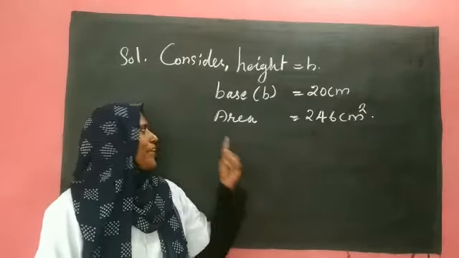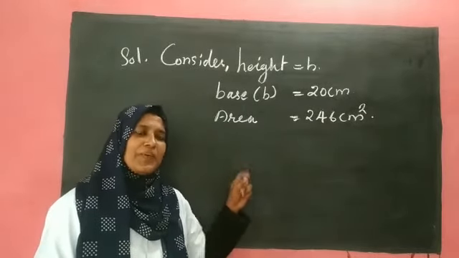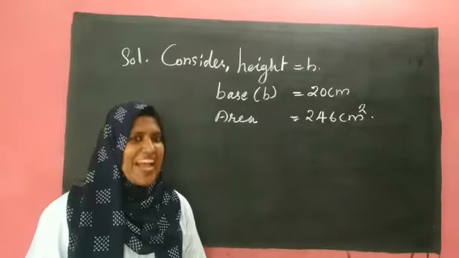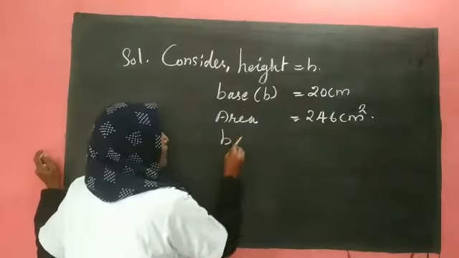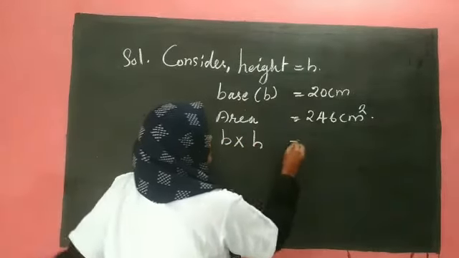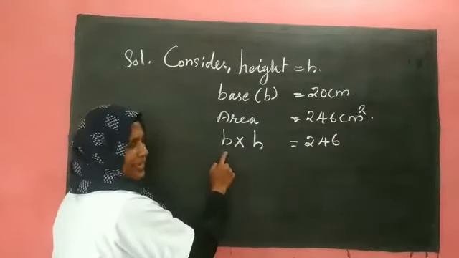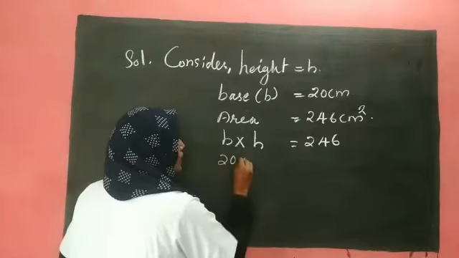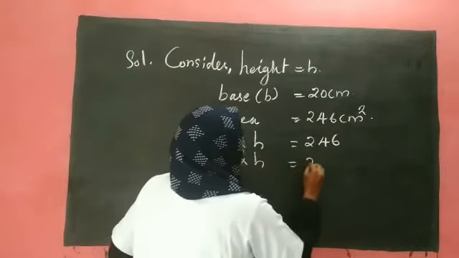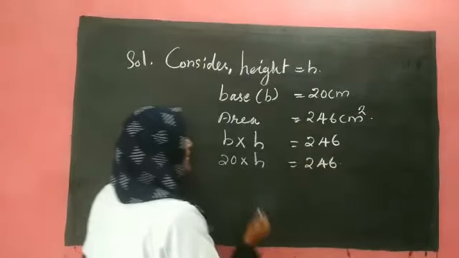We all know area of the parallelogram is equal to base into height. So we have to write b into x is equal to 246. Then substitute the value of b. 20 into x is equal to 246.